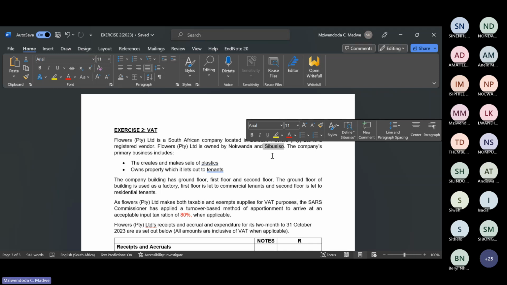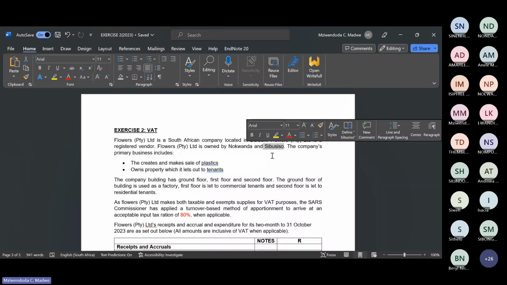So Flower is a supplier and Nogwanda is a recipient. So supplier and recipient are connected persons. So if you want to determine the value of supply, the first thing to take into consideration is that I am dealing with connected persons here.